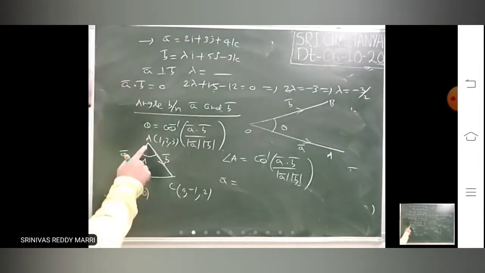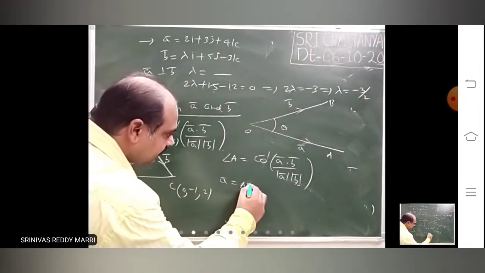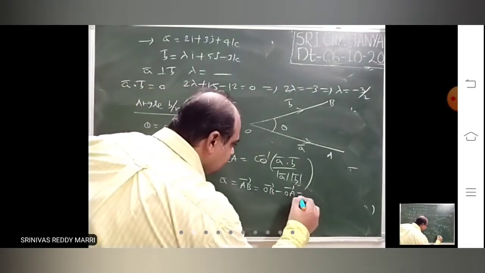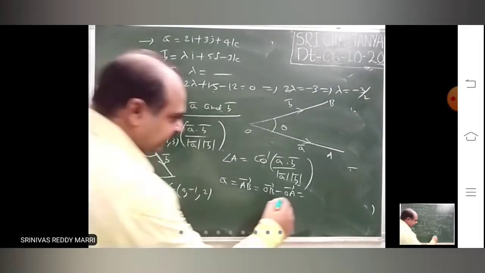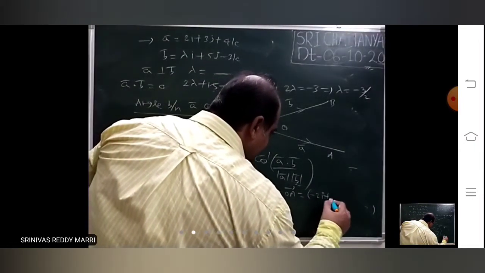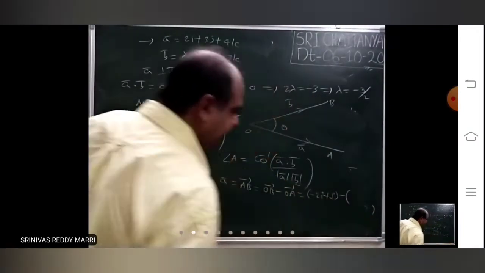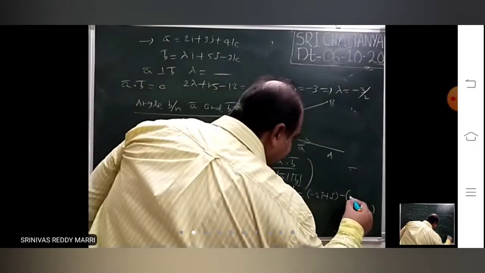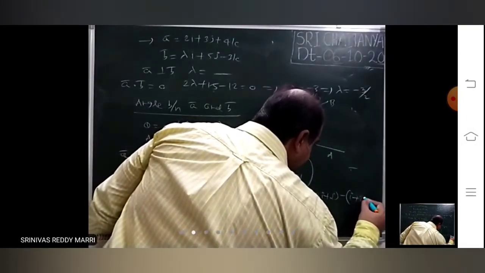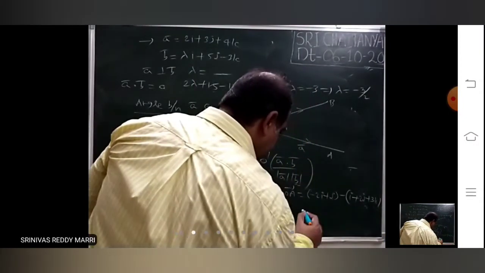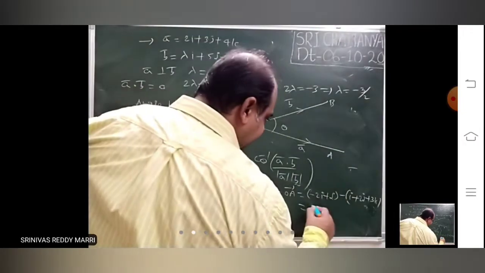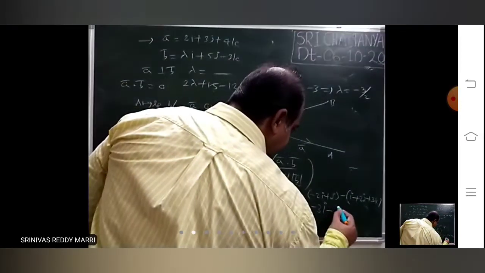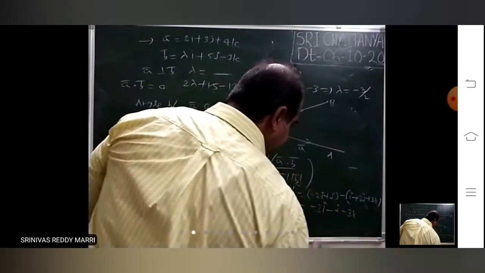A bar is nothing but AB bar. AB bar is nothing but OB bar minus OA bar. What is OB bar? The position vector, minus 2i plus j. Minus OA bar: the point is given, so the position vector is given, minus 2i minus i, minus 3i, plus j minus 2j, minus j, minus 3k.